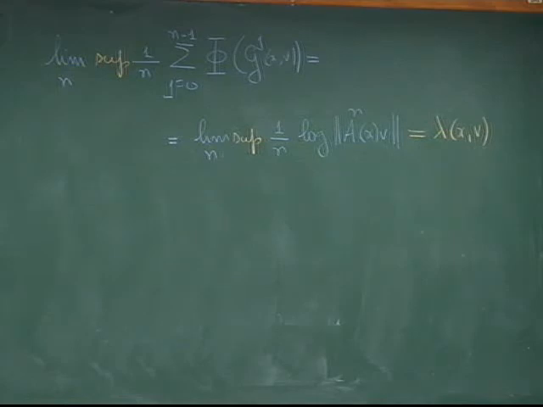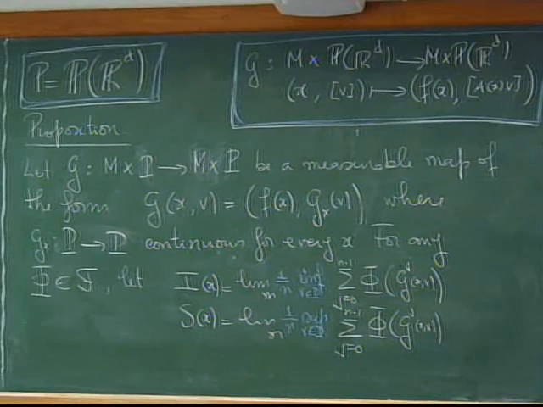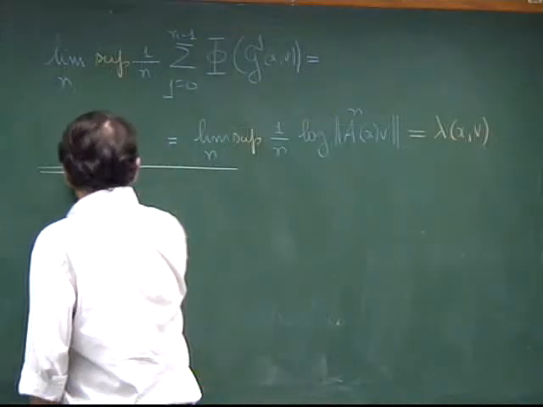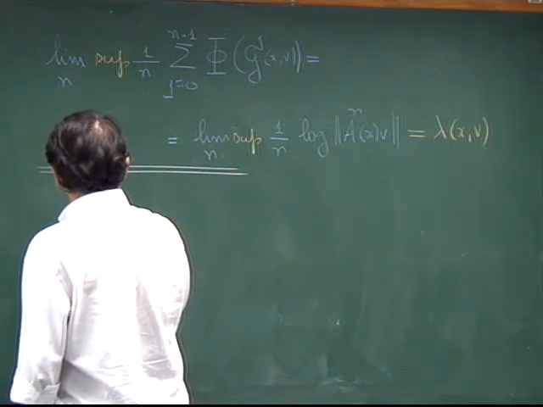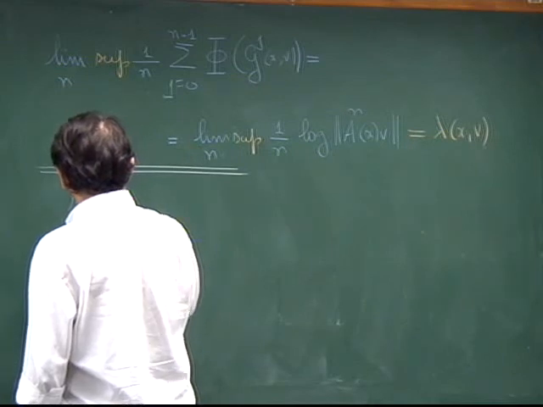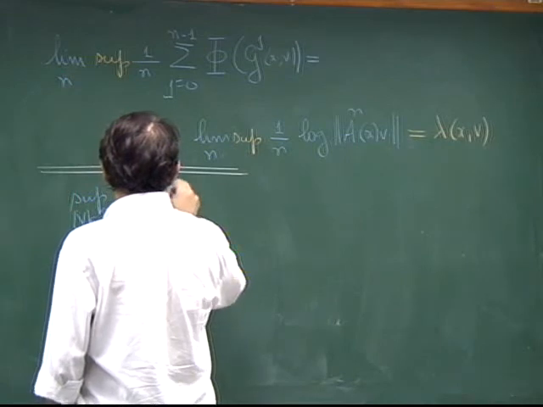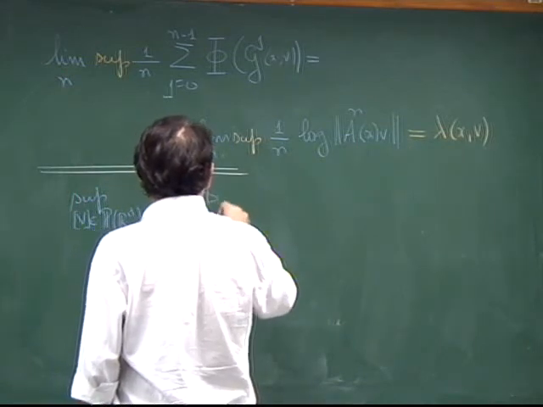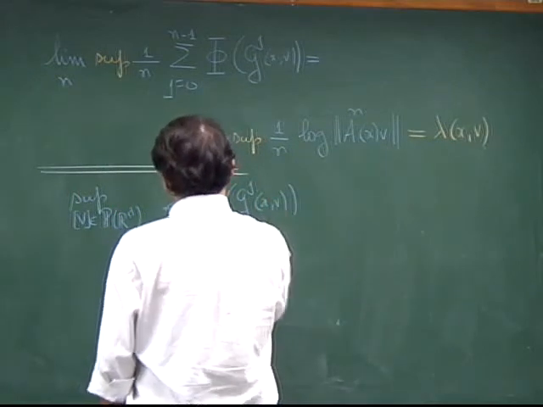And to finish, I want to comment on what is written there. So another observation is the following. What is the sup over all v of the sum of phi of g^j(x, v)?